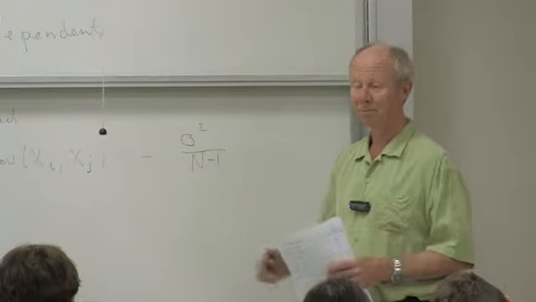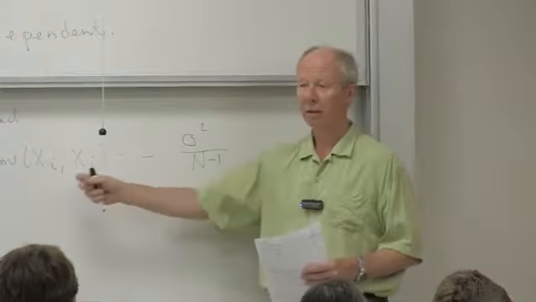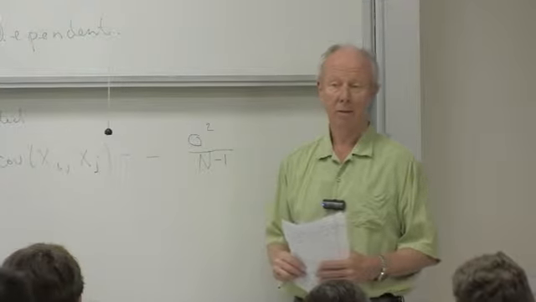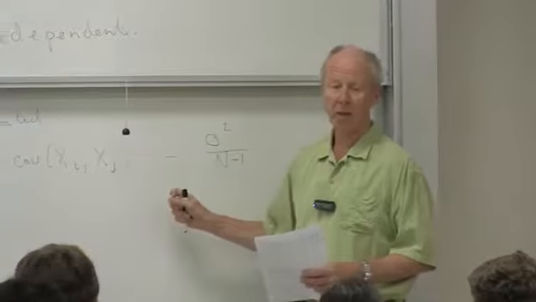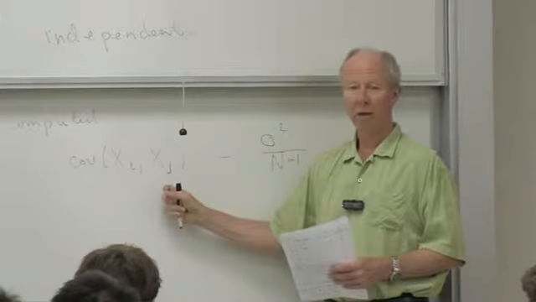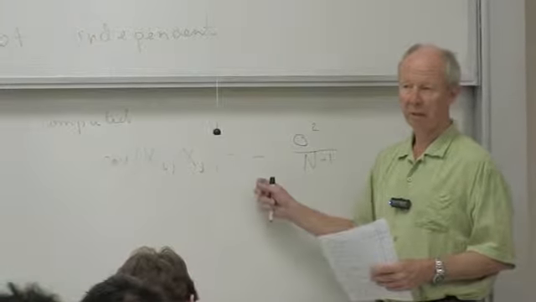And -1? Okay. So what does it say about the random variables xi and xj? If they're independent, what's the covariance? 0. If the random variables xi and xj are independent, their covariance is 0. This says xi and xj are not independent. It also says they're negatively correlated.